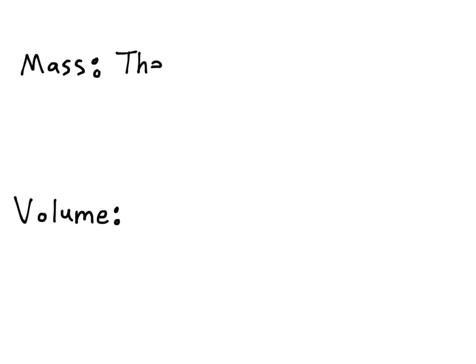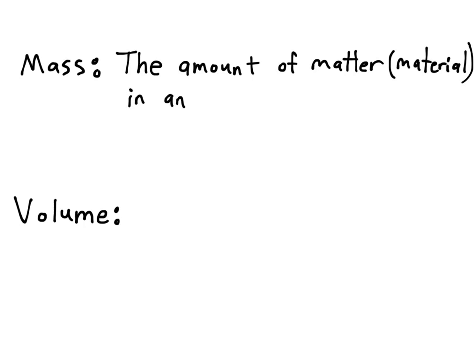Mass, definition. It's the amount of matter or material that's in an object. The amount of matter that's in an object. Now, mass is slightly different from weight, but the confusion usually lies not in what the word mass means.